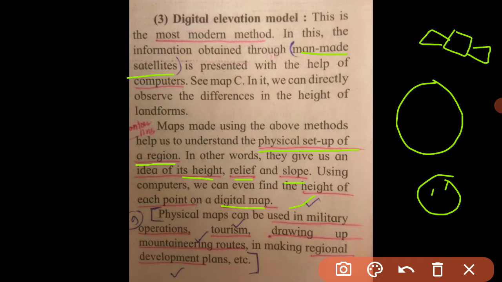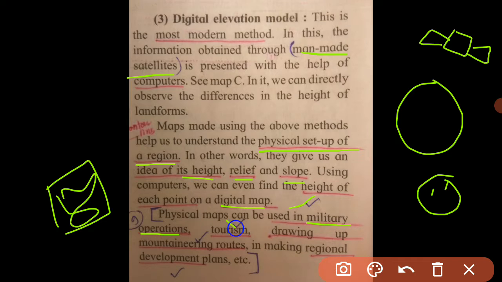Physical maps can be used in military operations, tourism, drawing up mountaineering routes, and making a regional development plan.